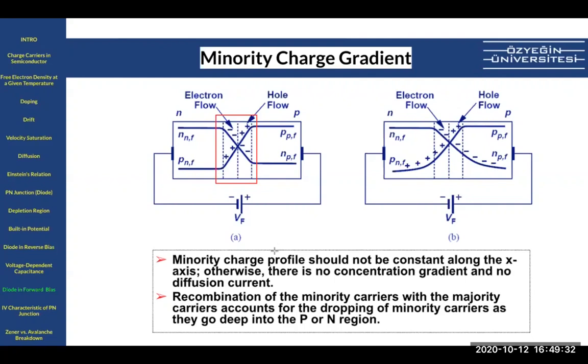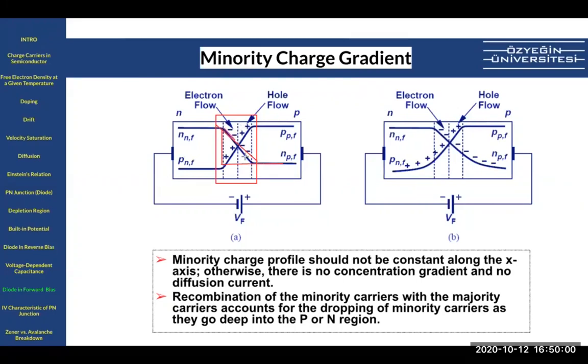These minority charges shouldn't be constant along the x-axis. It shouldn't be an impulse function. It shouldn't be like this, right? It should rather flow in a homogeneous way. The gradient happens at some point because of the diffusion.